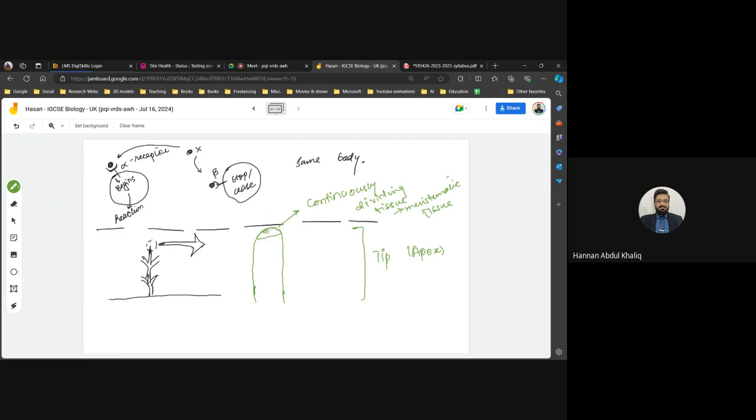It has a lot of immature cells, and they continuously divide like this. They are dividing and dividing, and all the cells that are being divided are moved downward.